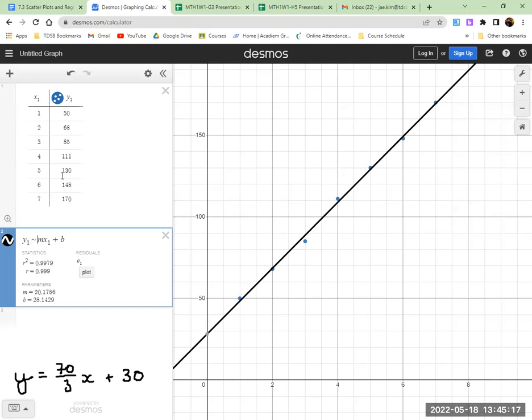What was my human-made equation? 23.3 plus 30. It was pretty close. Was it perfect? No, and that's where human error comes in. But with the advance of technology, we actually don't need to do all the nitty-gritty calculations. The computer already has the formula.